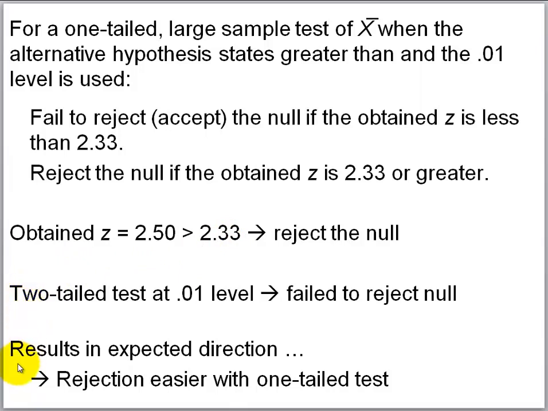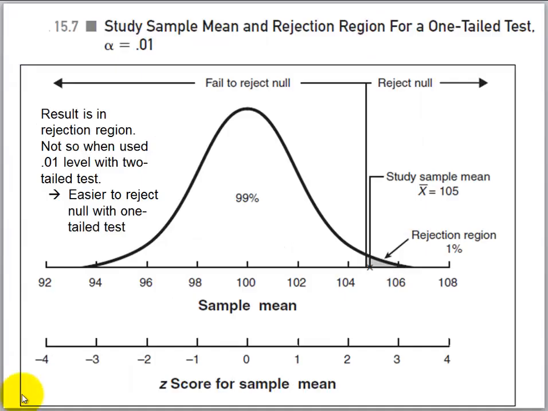These different results point something out to us, and that is, presuming that the study result is indeed in the expected direction, it is easier to reject the null with a one-tailed test than with a two-tailed test.